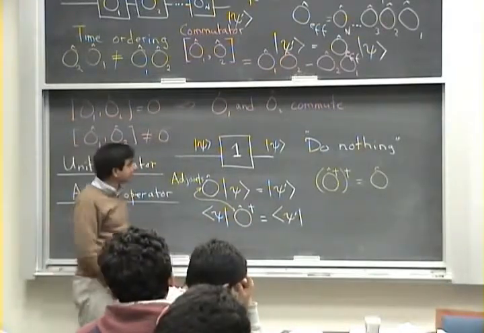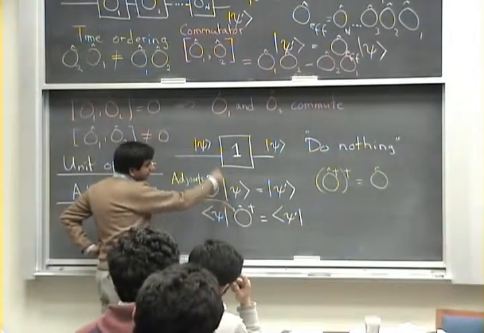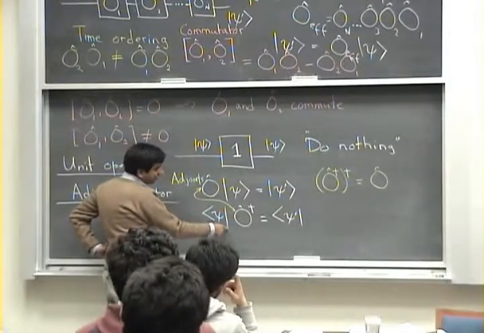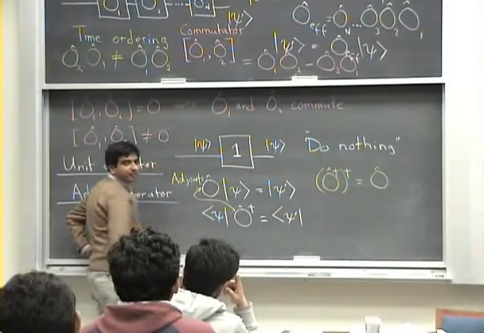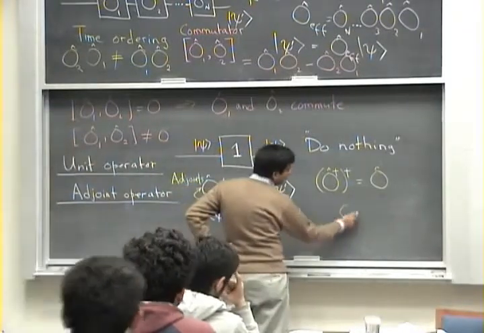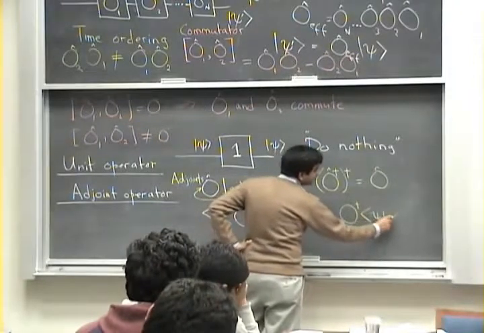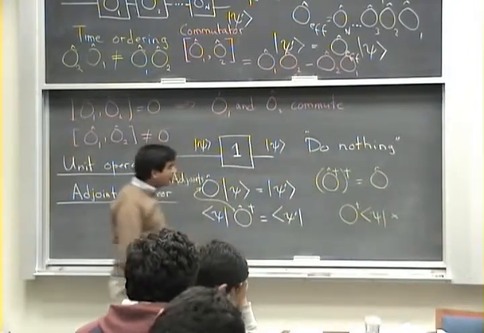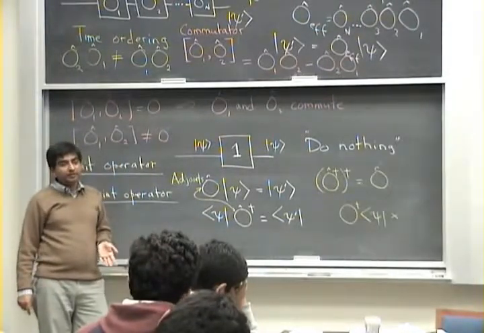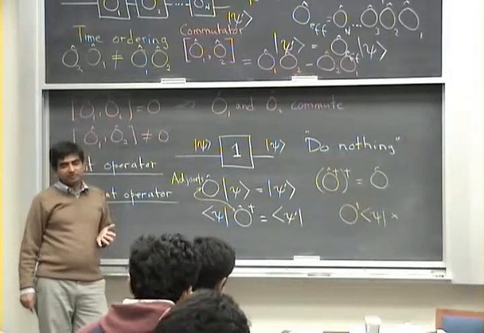Okay, and notice that this operator always comes adjacent to the vertical line. You don't write O adjoint acting on the bra, right? This is wrong notation. All of this notation is due to Dirac from the 1930s. It's called the Dirac notation, or the bra-ket notation. Okay.